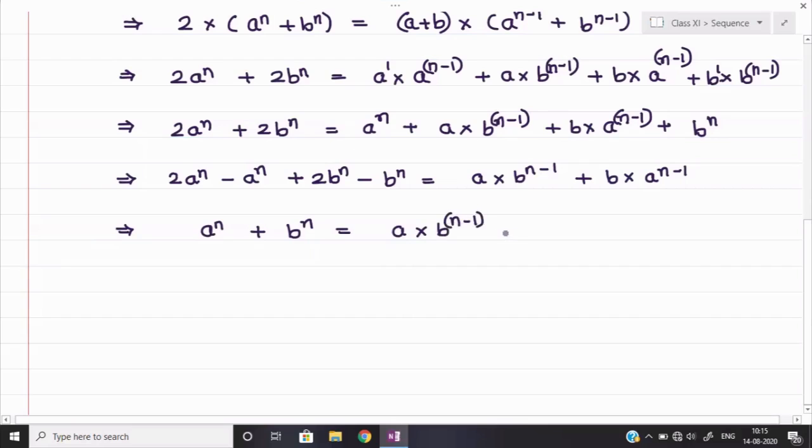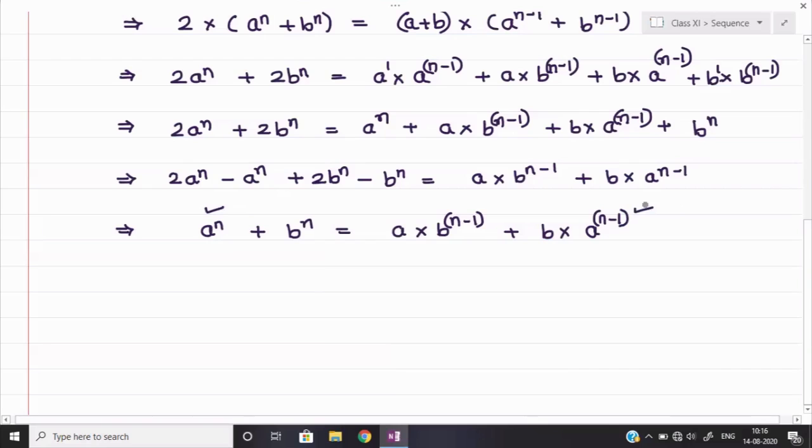Okay, now we need to decide how we have to shuffle the terms. Now observe, here we need to judge which two terms are similar. Observe here, this is a to the power n, okay, and in this term also somehow I am getting a to the power n.